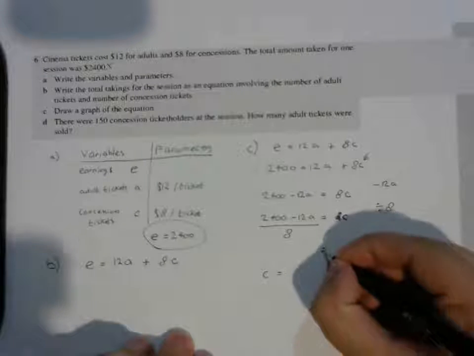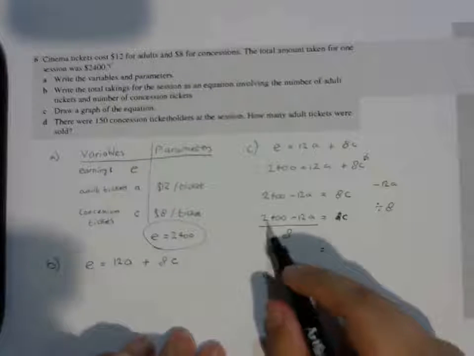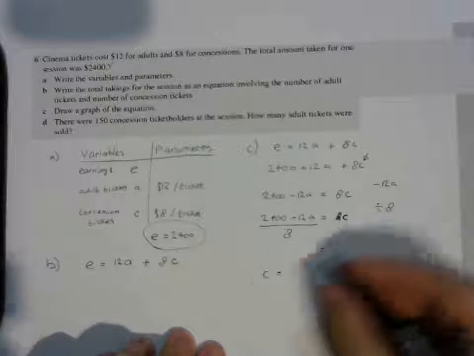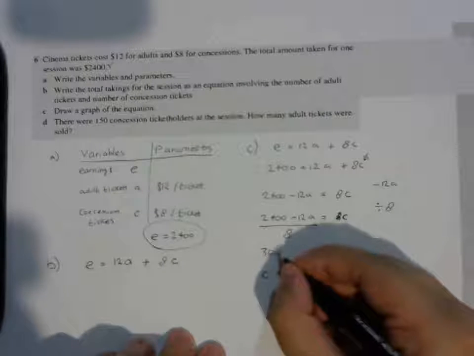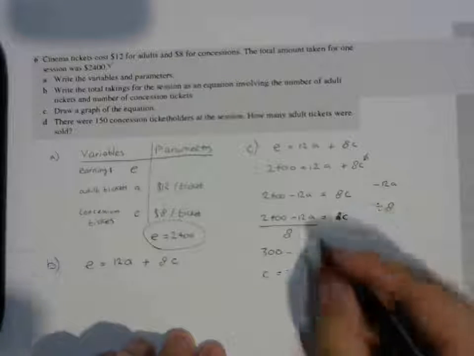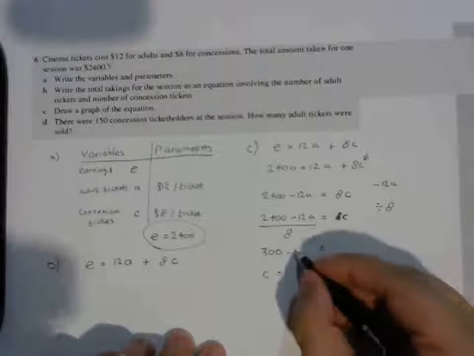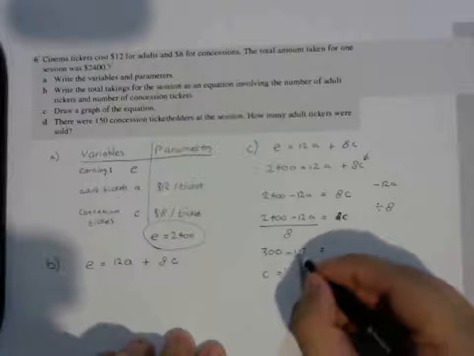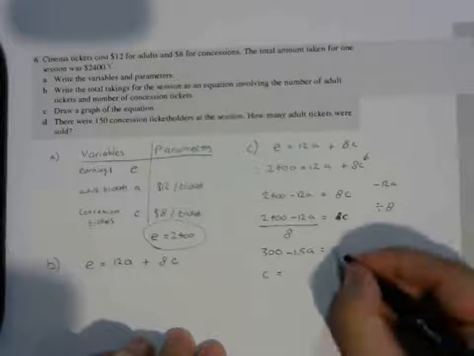Now let's simplify that. 2,400 divided by 8 is 300, minus 12 divided by 8 is 1.5, times A equals C.